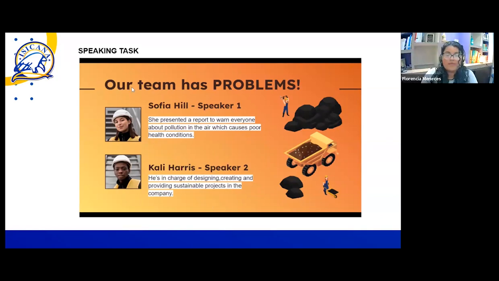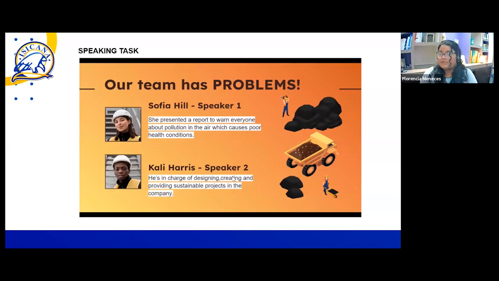So this is a model that you have to follow in order to practice this speaking task. For instance, she presented a report to warn everyone about pollution in the air, which causes poor health conditions. And on the other hand, he is in charge of designing, creating, and providing sustainable projects in the company.